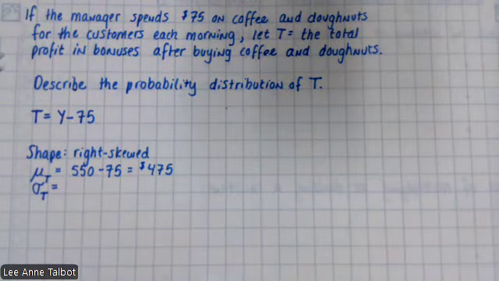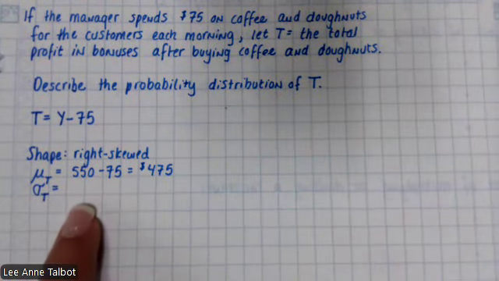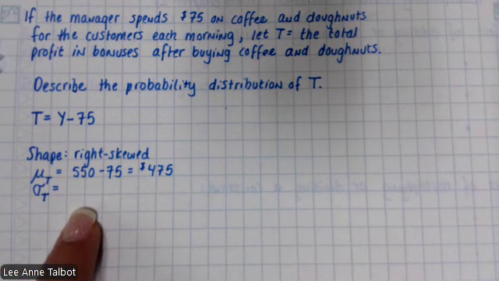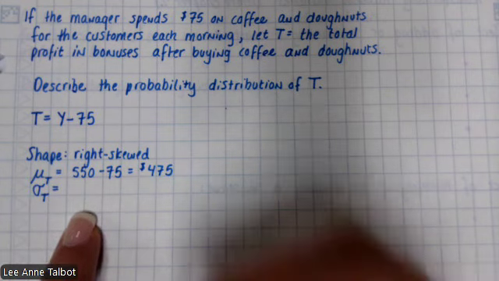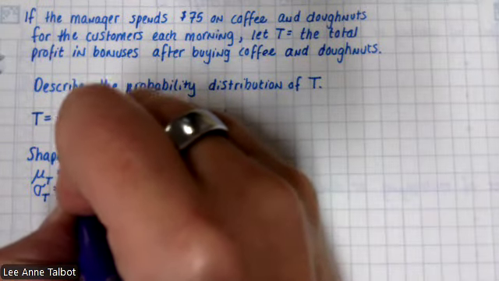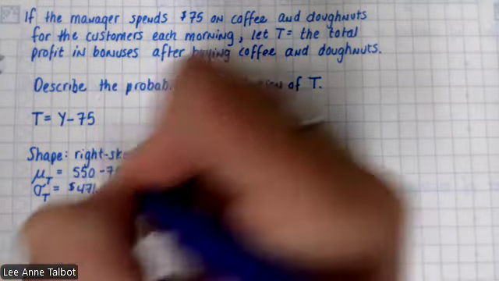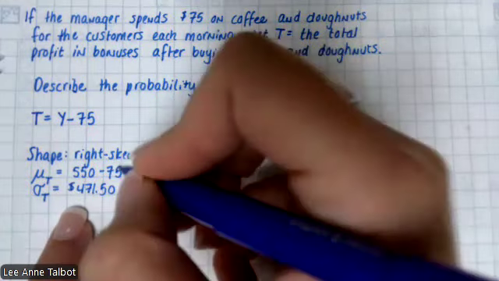Okay. Now, this is the moment right here. Is the standard deviation affected by subtracting $75? Will it be more spread out or less spread out? No. It's just whatever Y was.